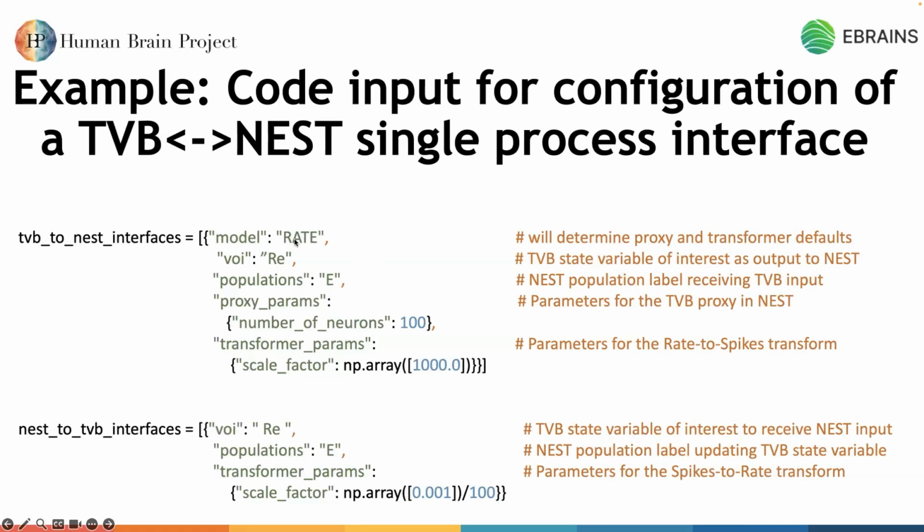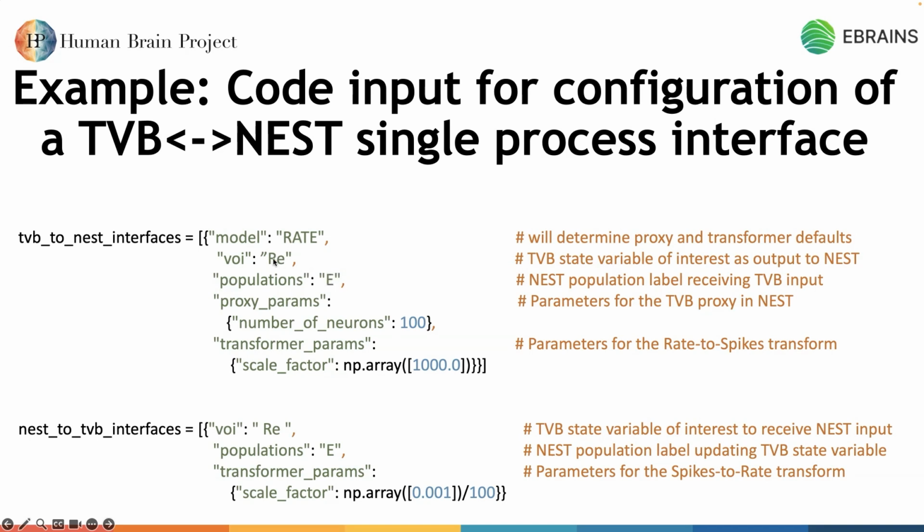And those properties are some very basic ones that you cannot avoid putting in. The main thing is that the mapping is necessary, as we said, between the state variable of TVB and the population label for the spiking network.